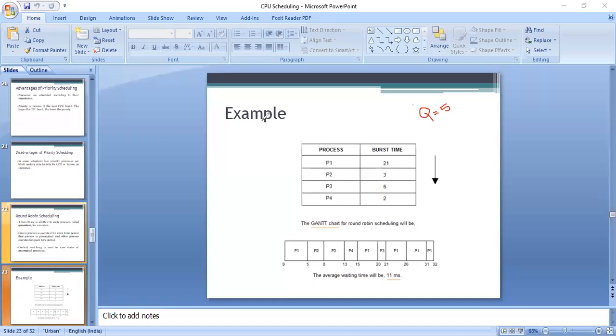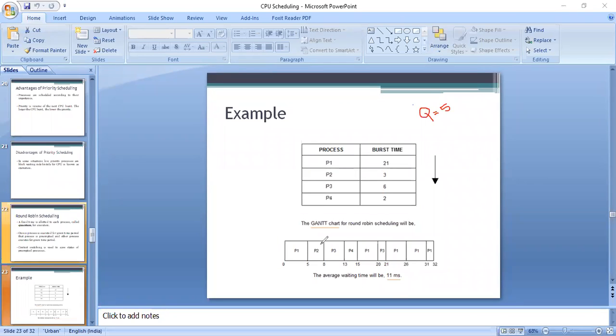So after 5 seconds, we'll take the CPU from P1 and provide it to P2. Since P2 has a burst time of 3, it will execute for 3 seconds and then it will itself release the CPU before the quantum time.